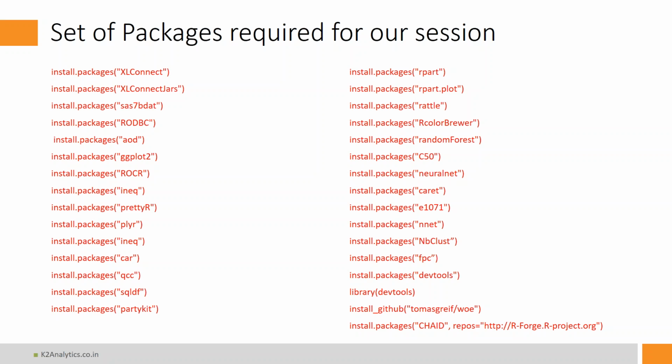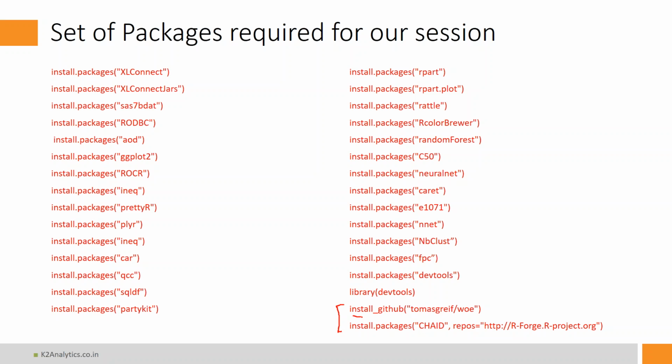But before I move forward, let me show you there are certain packages which you install from GitHub. I'm now focusing here on these packages. GitHub is a website where many people create their own projects.